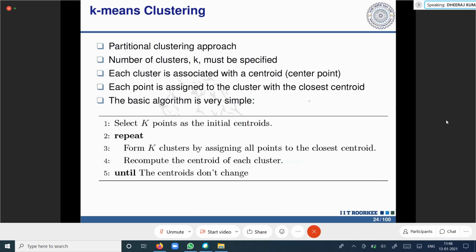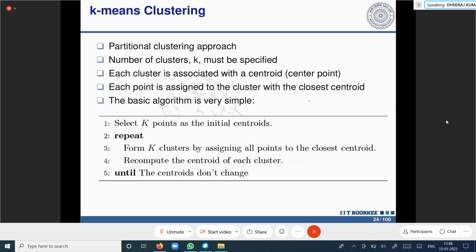So the algorithm is very simple. Let's say you are given some data and you need to find k clusters. Initially, you randomly select k points as initial centroids. Then you do the assignment: for each point in the data set, find which centroid is closest to it, and assign it to that cluster.